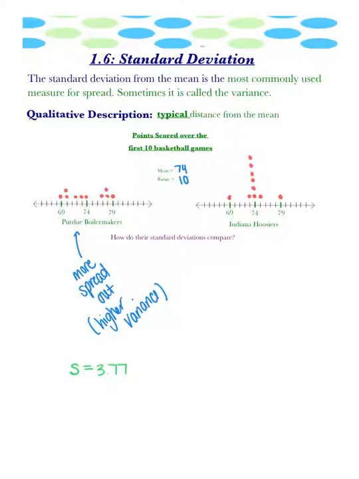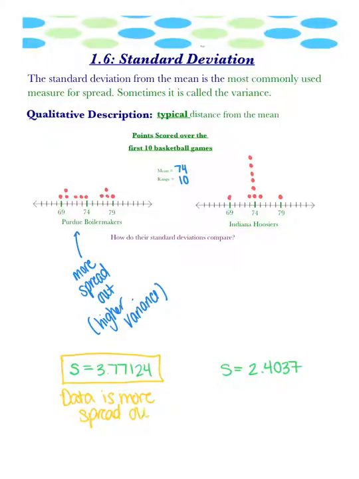While the standard deviation for Indiana, like I expected, is a little lower at 2.4037. I can go out a few more decimal places. And this is 3.77124 if you're interested. So you can see, with this being a higher number, it tells me that the data is more spread out than this data set.